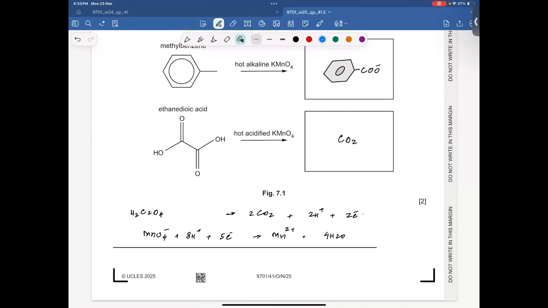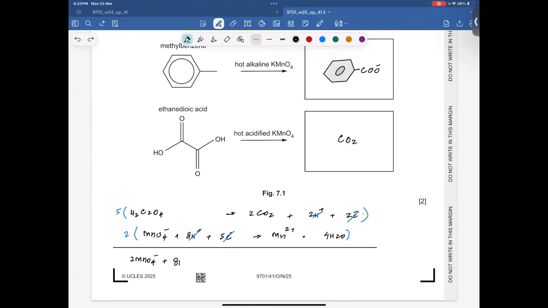We need to balance the number of electrons. So I will multiply this by 5 and this by 2. As soon as the number of electrons are balanced, we need to cancel them out. We need to cancel hydrogen ions also, and we need to write the remaining equation. So in the remaining equation, let me write down 2 MnO4 negative, 8 hydrogen ions left.